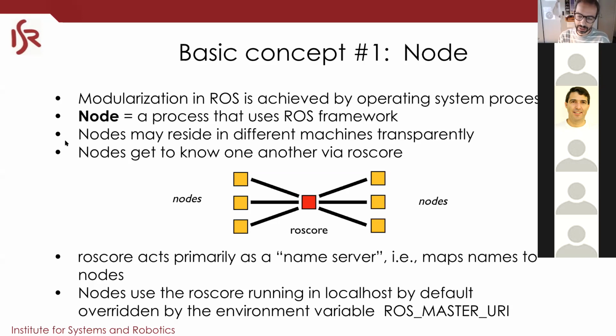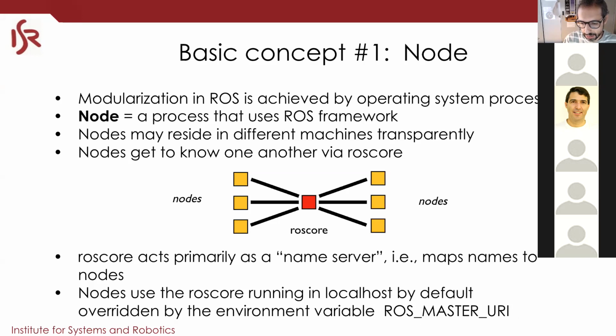Otherwise, you can override that by changing an environment variable of the shell. So you open a shell, and as I mentioned, a shell is just another process, and you can change environment variables in a shell. These environment variables will affect everything that is run thereafter. When one node is launched, it will check this environment variable, and if it is set to something, it will try to contact that ROS core.